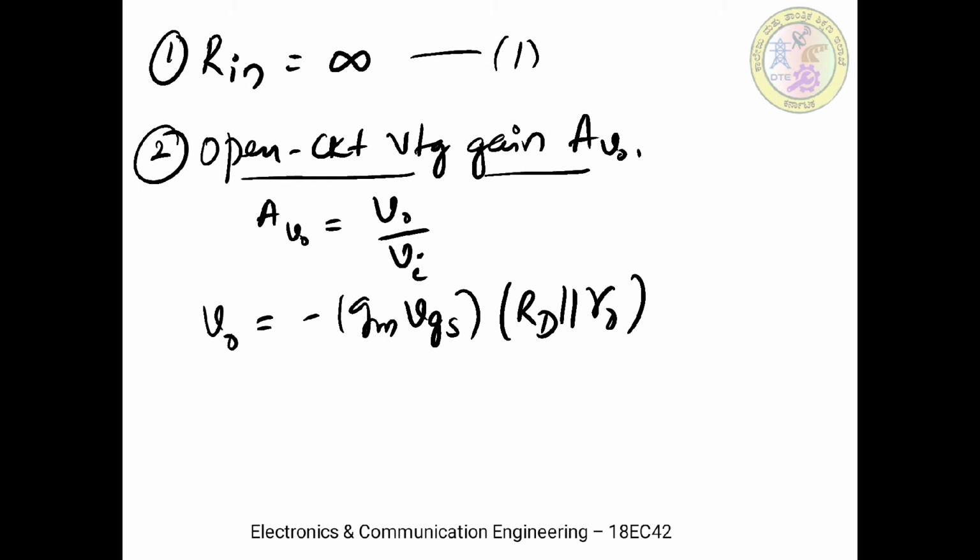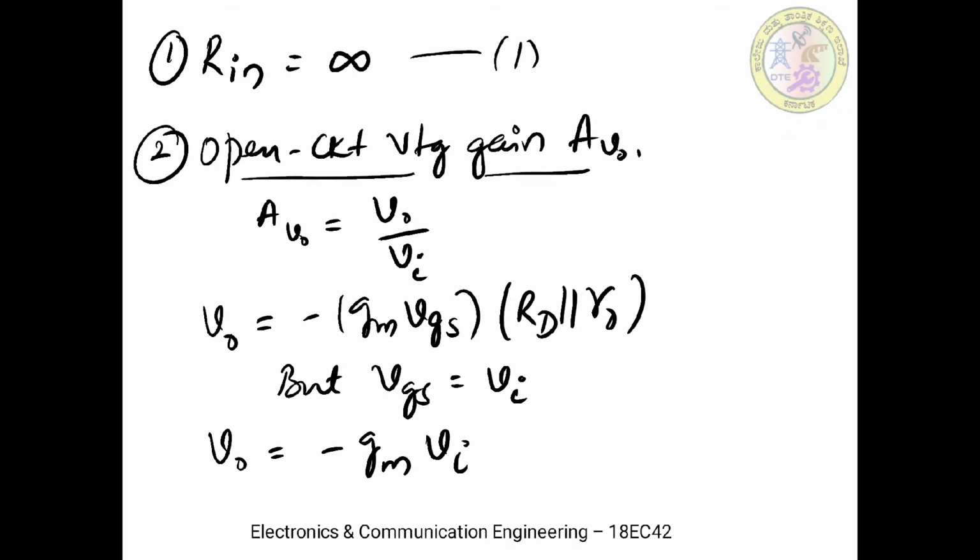But here, as Rin is infinite, VGS is nothing but Vi only. So V0 can now be written as minus Gm into Vi into RD parallel with R0.